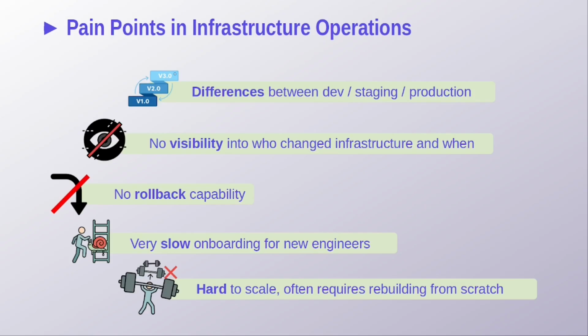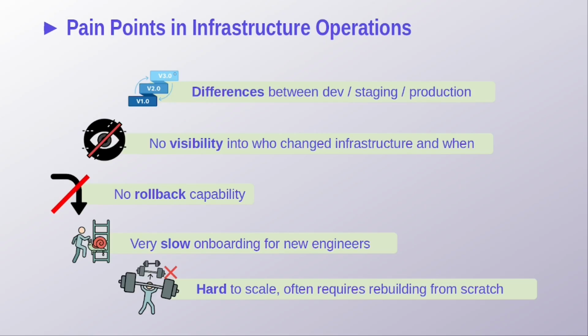The root cause. Why do these problems happen? Infrastructure is not managed like software. People treat infrastructure as something manual, something special, something only senior people touch. This is wrong. With infrastructure as code, infrastructure becomes code.